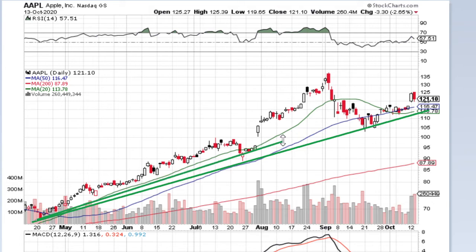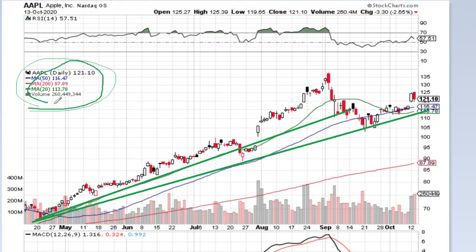By the way, we have three moving averages: moving average 20, 50 and 200. Here on the left you see their depictions, and we always mention those in our videos because it's important to understand them and to see their behavior, to understand also how the chart is behaving, how the company is behaving.